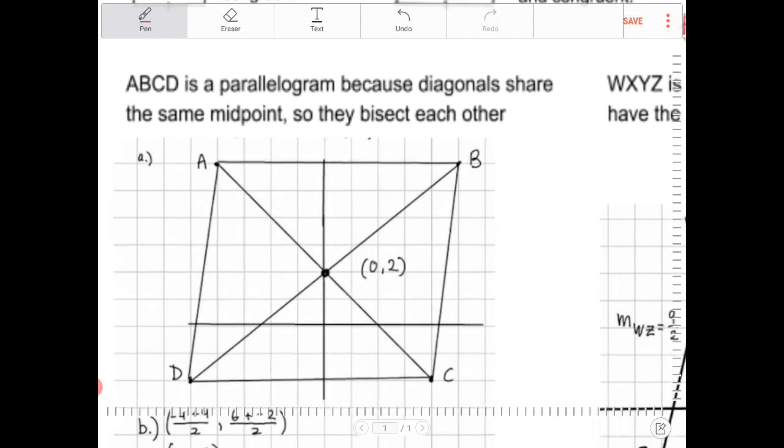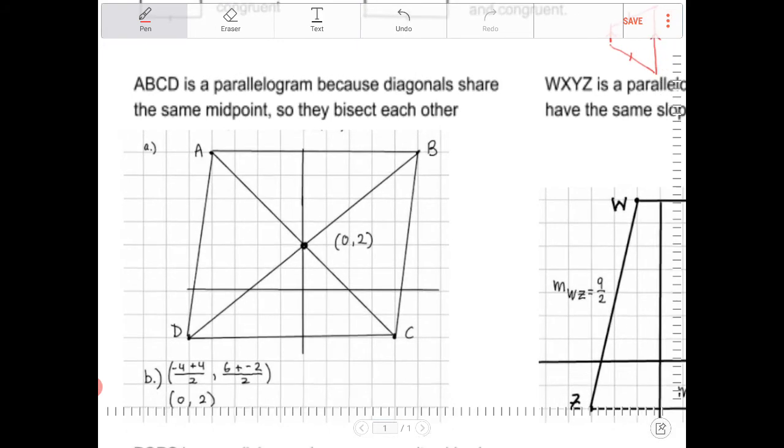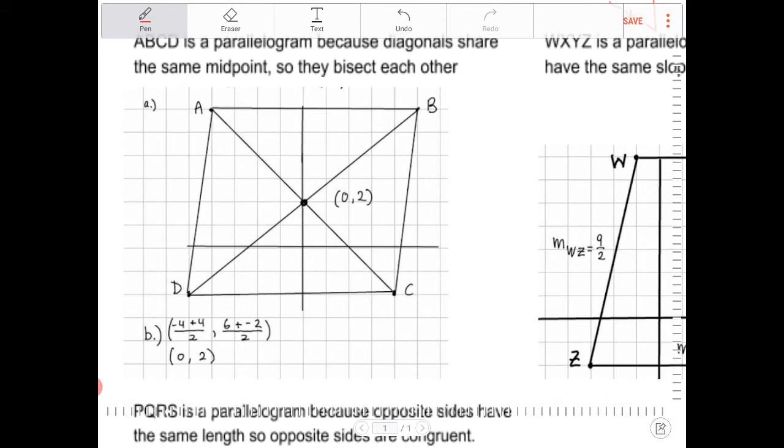All right, and then for question number 2, I graphed out the quadrilateral ABCD, and the computation really just speaks for itself. We find out what the midpoint is. The midpoint turns out to be (0,2), and the computation can be seen over here, right?